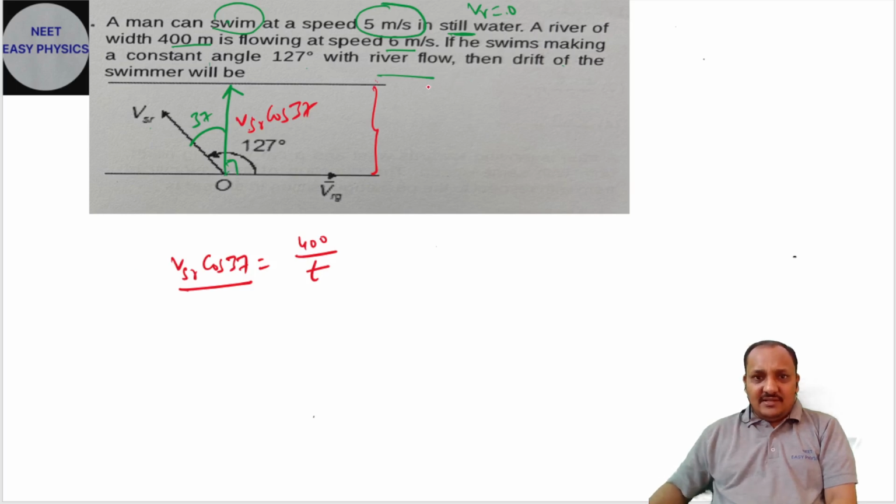Now what is the velocity of the swimmer in still water they gave? Correct? First we will write this T: 400 by the velocity of the swimmer, 5 cos 37. What is the cos 37 value?